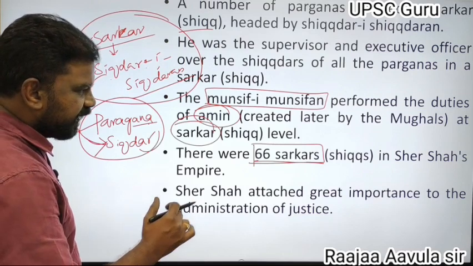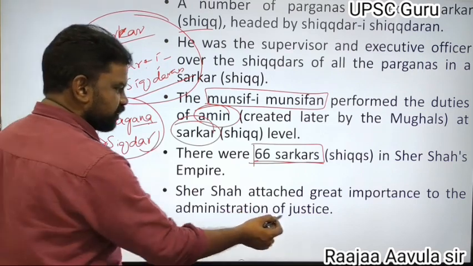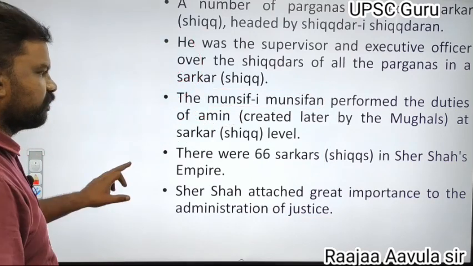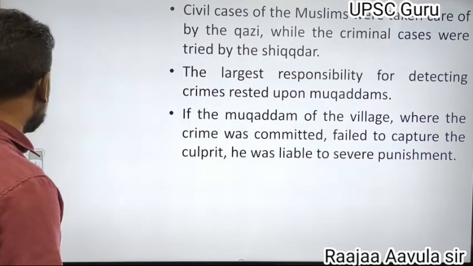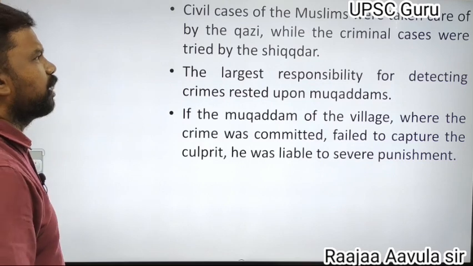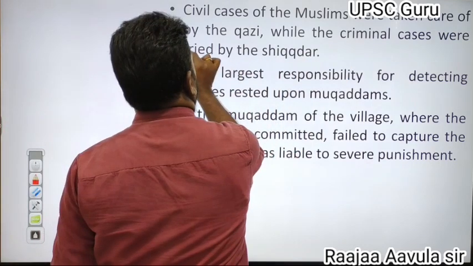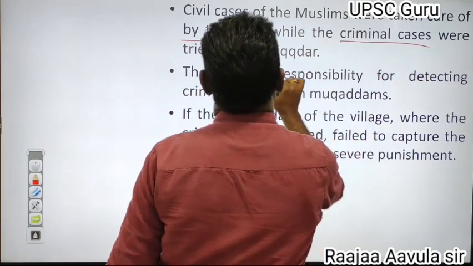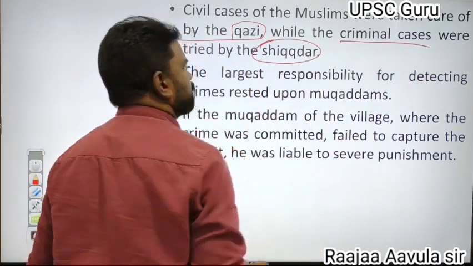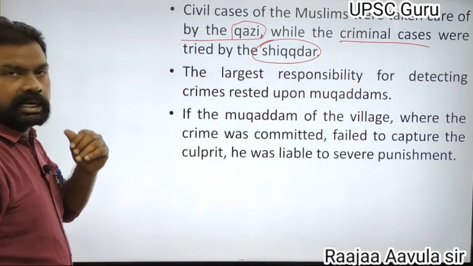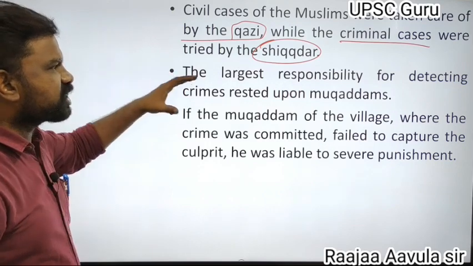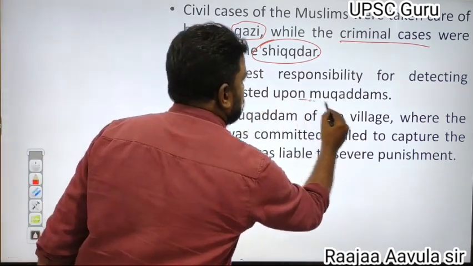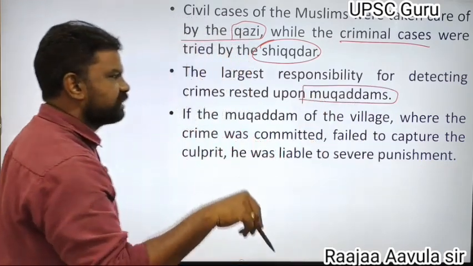Sher Shah attached great importance to the administration of justice. Civil cases of the Muslims were taken care of by the Qazi. The criminal cases were taken by the Sikdar at the Pargana level. The largest responsibility for detecting crimes rested upon the Mukuddams at the village level.